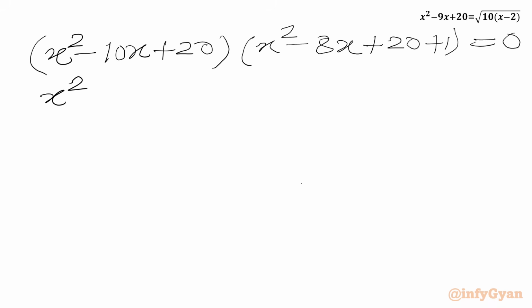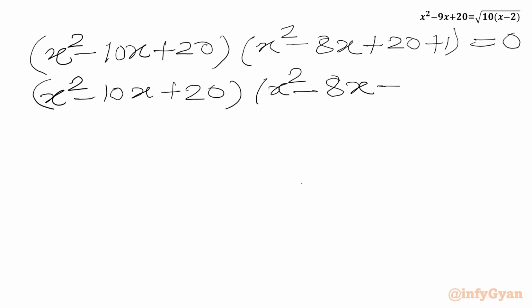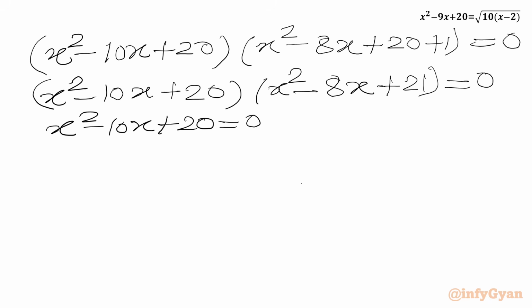Or we can write x squared minus 10x plus 20 times x squared minus 8x plus 21 equal to 0. We'll use the product 0 rule. So we can write either x squared minus 10x plus 20 equal to 0 or x squared minus 8x plus 21 equal to 0. So we have two quadratic equations which we will be solving using the completing the square method.